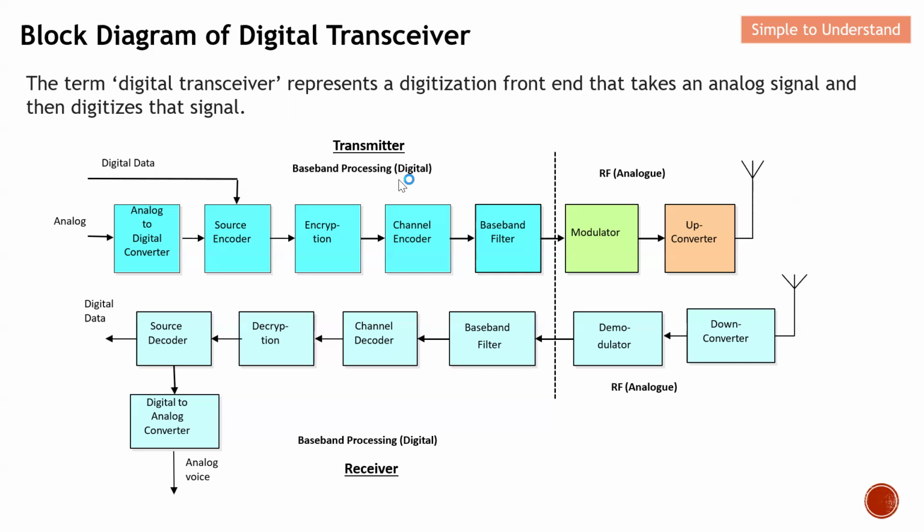You can see that this is one device, which is called a transceiver. Inside the transceiver, this is the transmitter and this is the receiver. Keep this in mind: the antenna is actually the same antenna. Although you see two antennas here, just imagine there is only one antenna. In short, there is a duplexer. The duplexer will switch either to the transmitter antenna or the receiver antenna. So this is the block diagram of a digital transceiver.